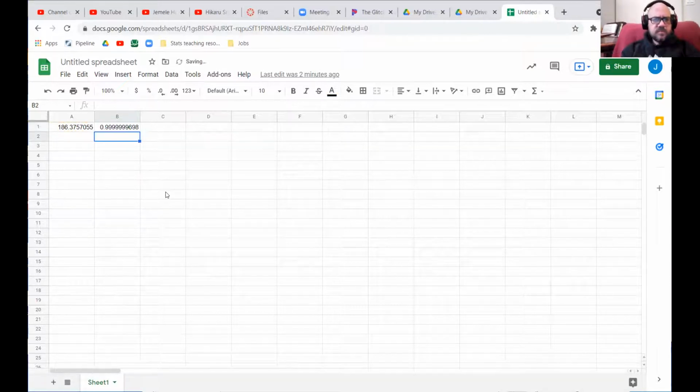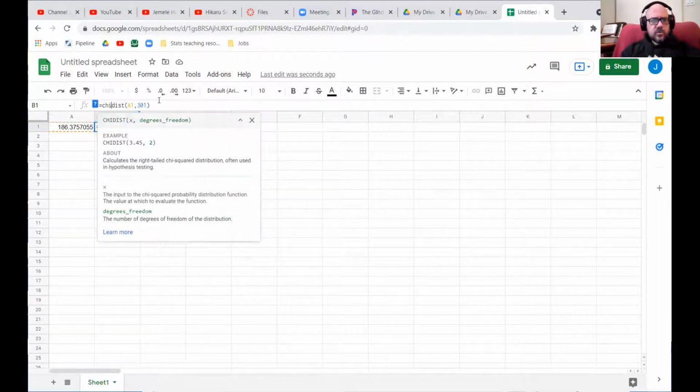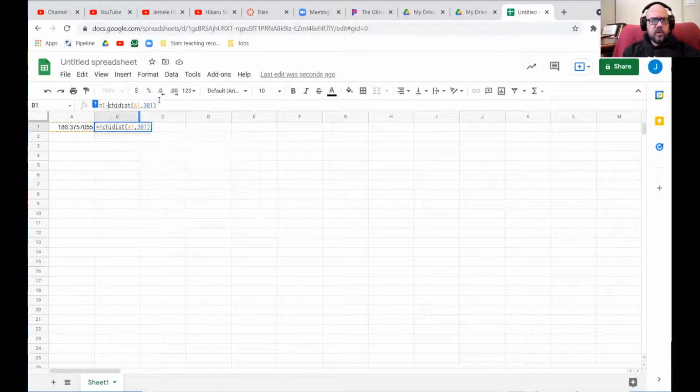So this is the area to the right. So I actually need to do 1 minus this. It says it does the right tail distribution. It's funny. I just assumed it would do left tail like it usually does for the other ones. I figured I was going to have to tell it that cumulative equals true, but apparently not. We won't do that. There we go.